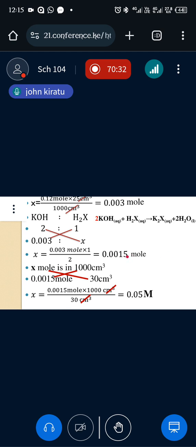So this is 0.15 moles in 30 centimeters cubed. What about in 1,000, which makes a liter? When you do that, you find that the molarity of the base was 0.015. Here, there's not much to teach, it is you doing the exercise.